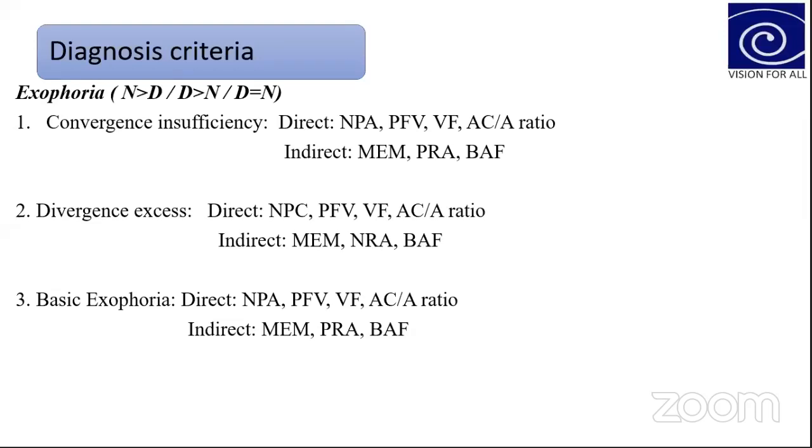The vergence facility will be difficult with the base out, and the AC/A ratio will be low. So in this case, the AC/A ratio will be low. In convergence insufficiency, and divergence insufficiency, the AC/A ratio will be low in this type of case. If you see any excess of the vergence, convergence excess and divergence excess, the AC/A ratio here will be high.